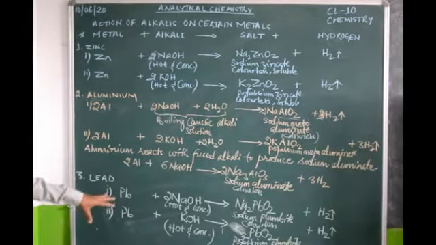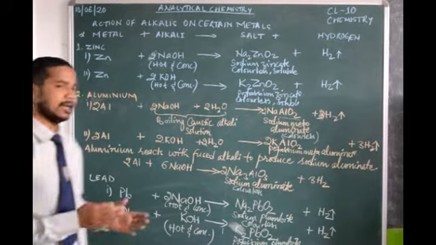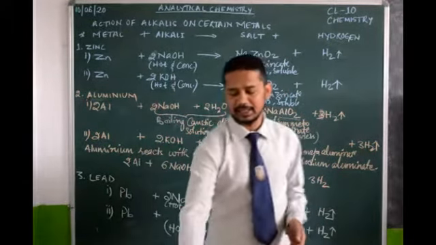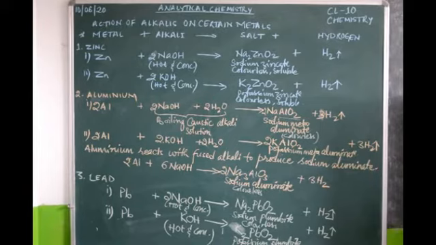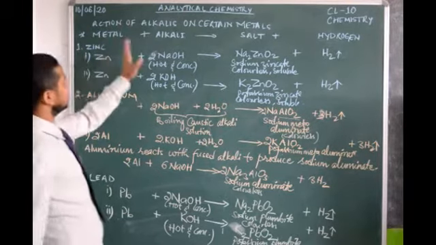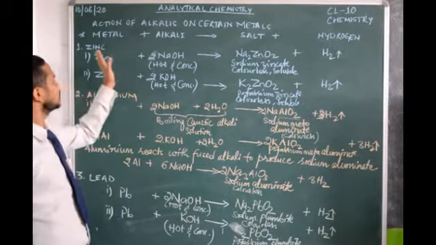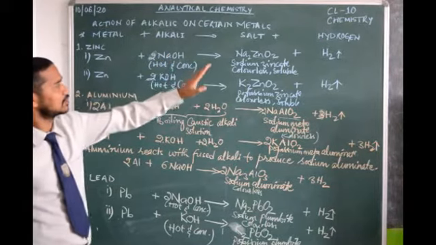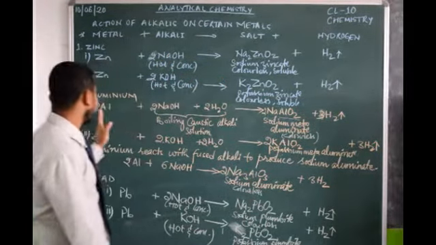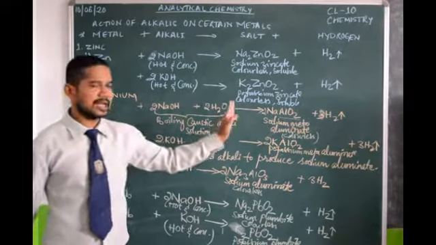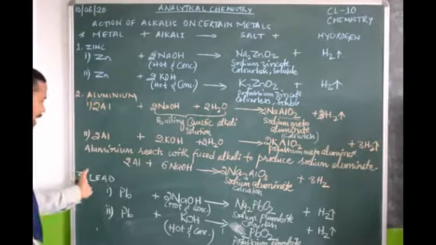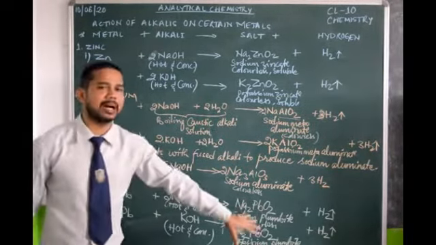Okay. So this is all about when metal reacts with alkalis. When zinc reacts with alkali, it gives zincate. When aluminium reacts with alkali, it gives aluminate. When lead reacts with alkali, it gives plumbite.